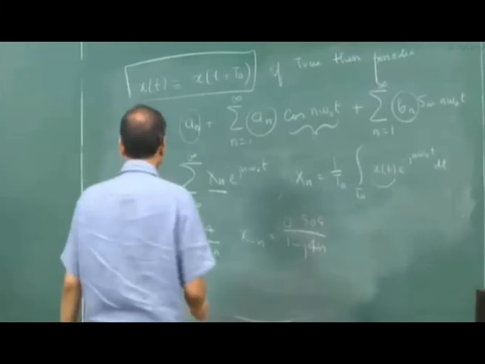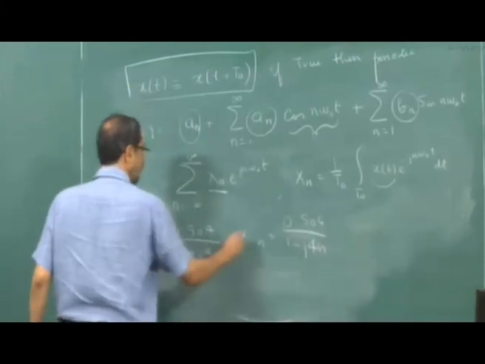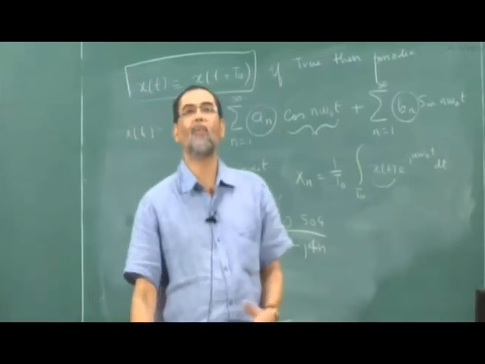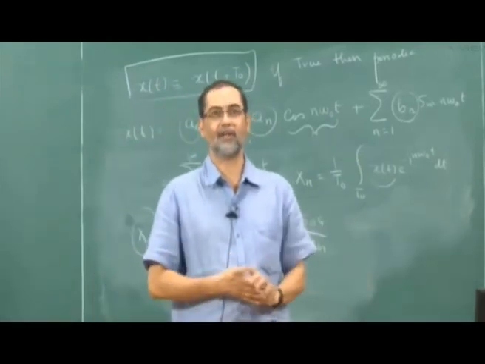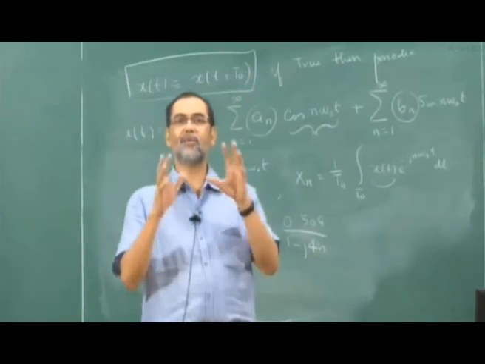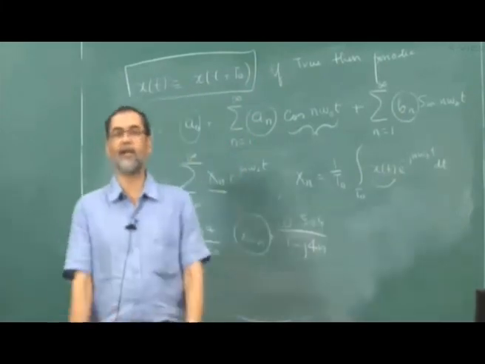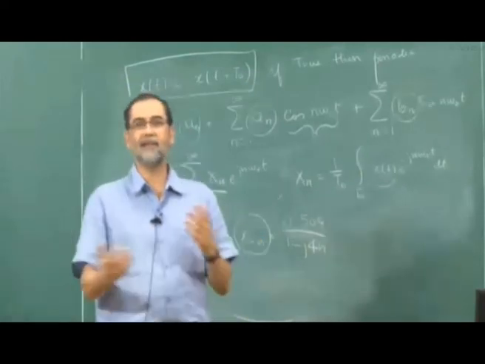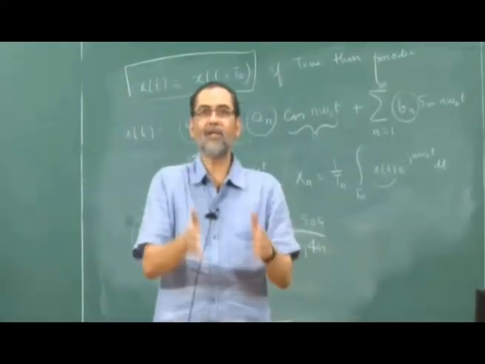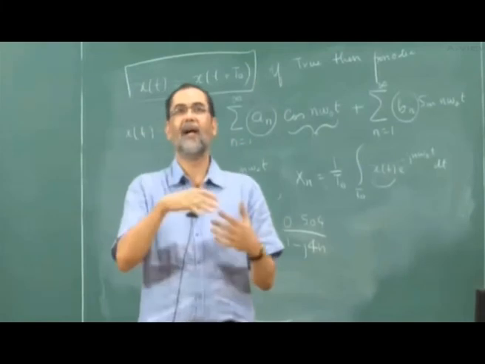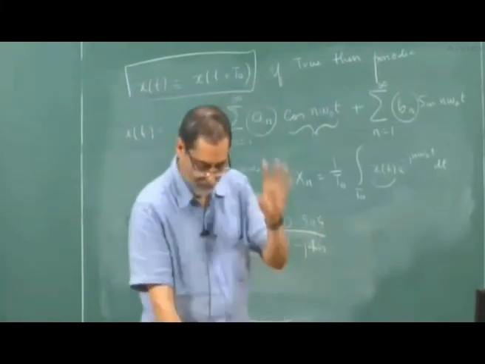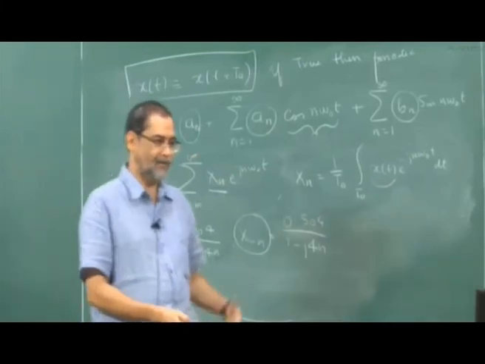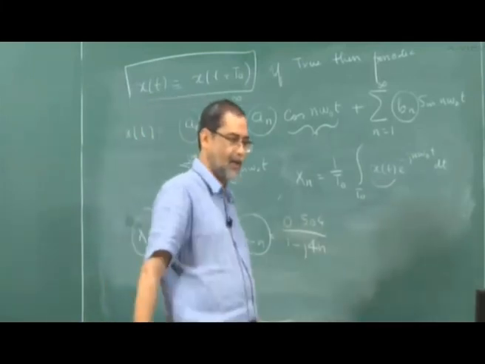So x of n and x of minus n, please notice they are complex conjugates of each other, right? This leads to what is called a conjugate symmetry property. Conjugate symmetry means their magnitudes are even symmetric and the phase is odd symmetric. So we'll come back to this later on. We still have another 2 days left, so we'll talk about this conjugate symmetry property, right.